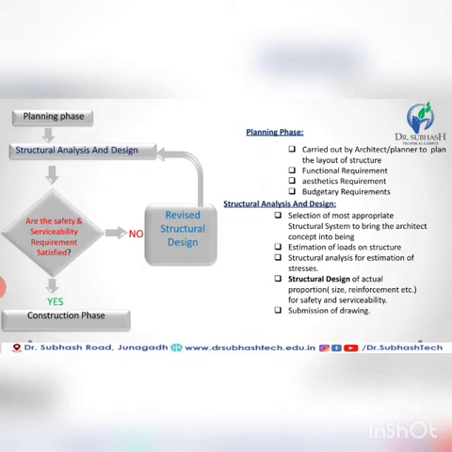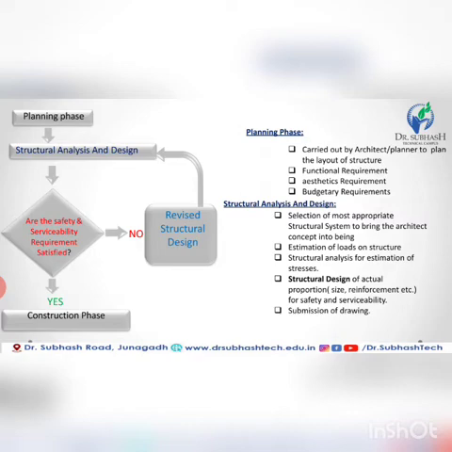First phase, planning phase. Planning phase may be carried out by an architect planner to plan the layout of the structure. Second, functional requirement, aesthetic requirement. Next, structure analysis and design.